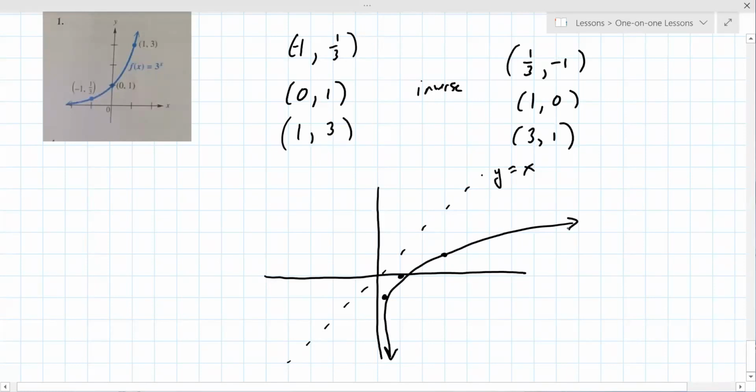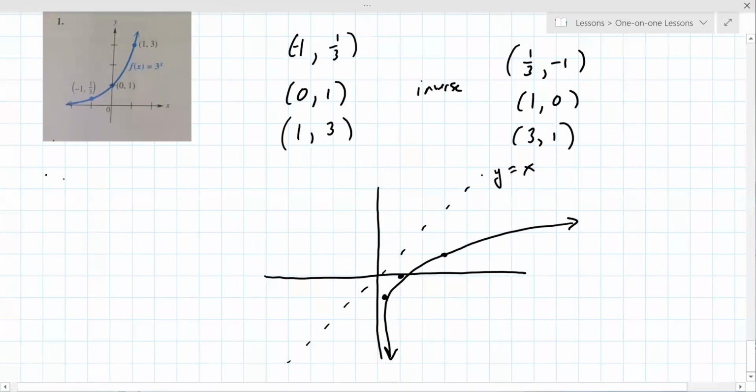It actually does not cross the y-axis, which you would have no idea about until I tell you. Well, I guess they kind of do give you the 3 to the x. So we have the domain, range, increases, decreases, and the equation of its vertical asymptote. So there's kind of a lot there.